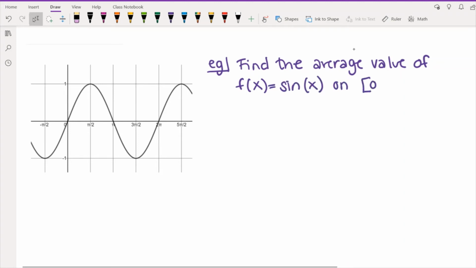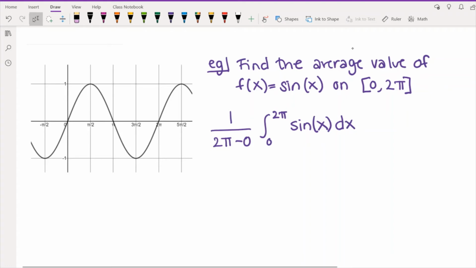So again, we can write down the formula here, but we'll see that there's actually not really too much work to do for this problem. So we would say, okay, the average value is going to be 1 over 2 pi minus 0, so 1 over 2 pi, times the integral from 0 to 2 pi of sine of x dx.